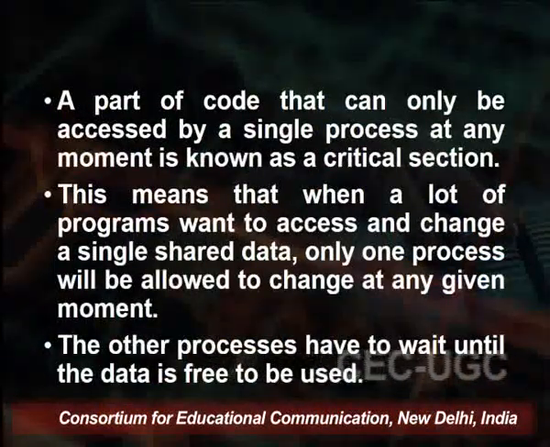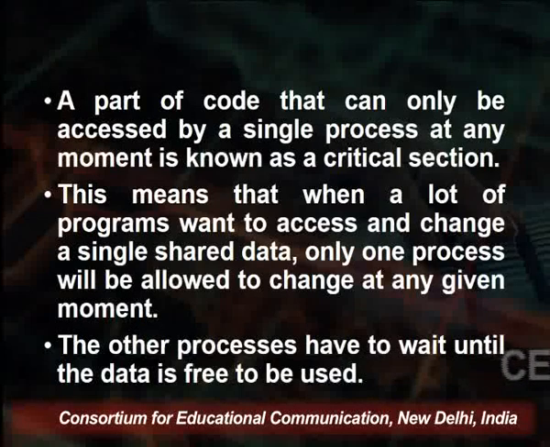Now, a part of code that can only be accessed by a single process at any moment is called its critical section. That means when there are many processes, many programs which want to access and change a single shared data, only one process will be allowed to change that particular data at any given moment. The other processes will have to wait until that data is free to be used.